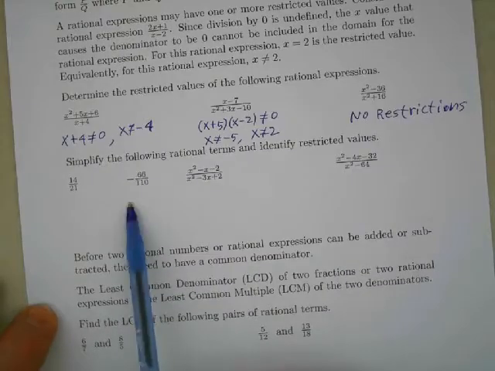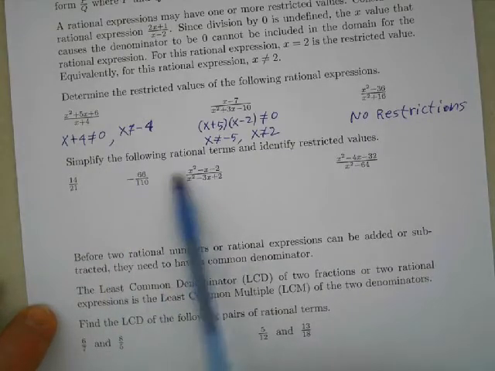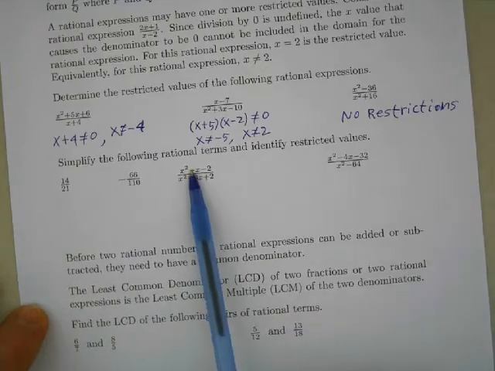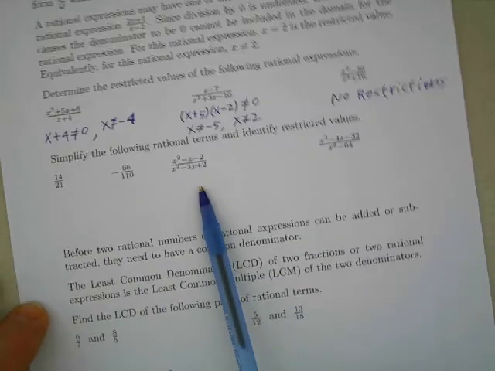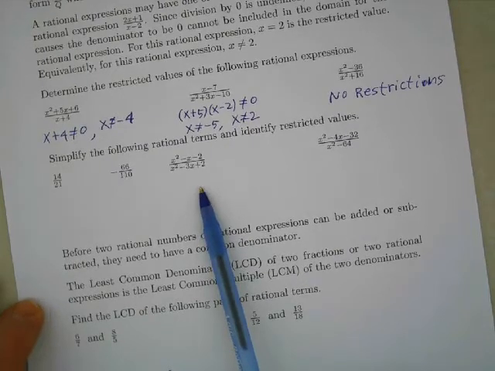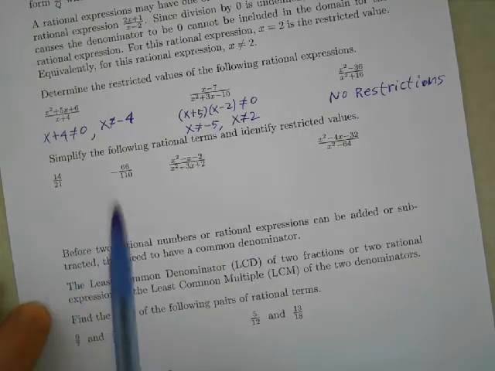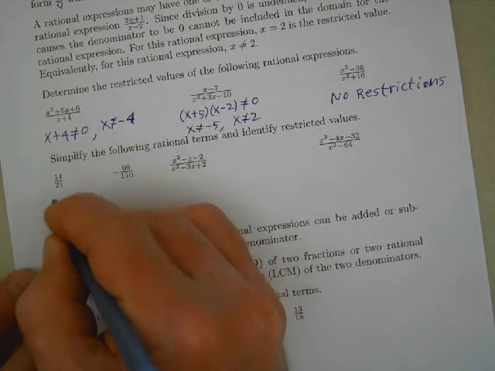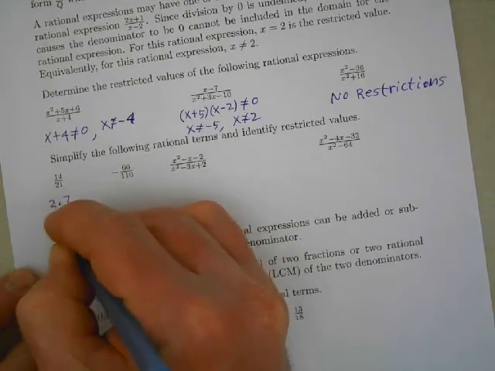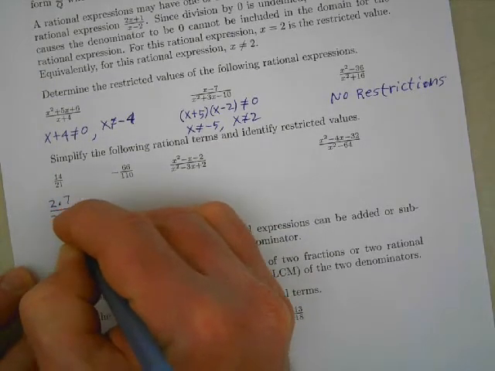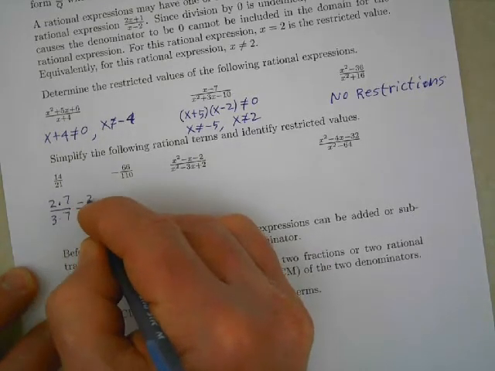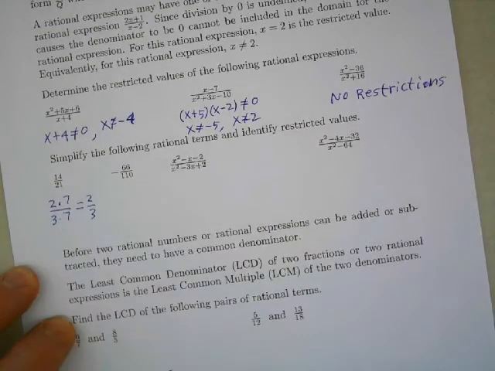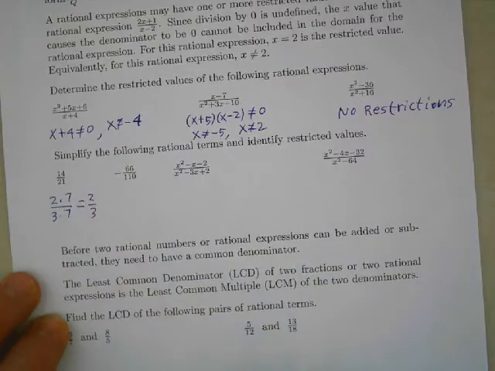Okay, let's simplify the following rational terms, either the rational numbers or the rational expressions, and identify restricted values. 14 over 21, think of that as 2 times 7 over 3 times 7. 7 divided by 7 is 1, so 14 over 21 simplifies to 2/3.